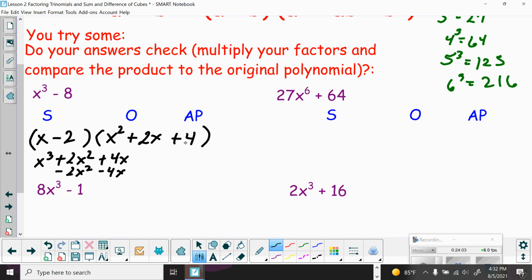Negative 2 times positive 4 is minus 8. I'd like for you to notice that 2x squared minus 2x squared becomes 0. 4x minus 4x becomes 0. And we are left with x cubed minus 8. And it checks.